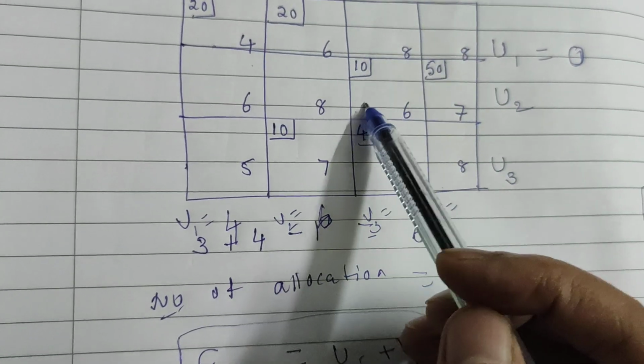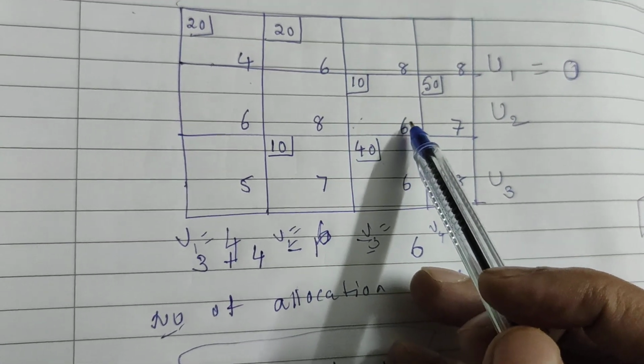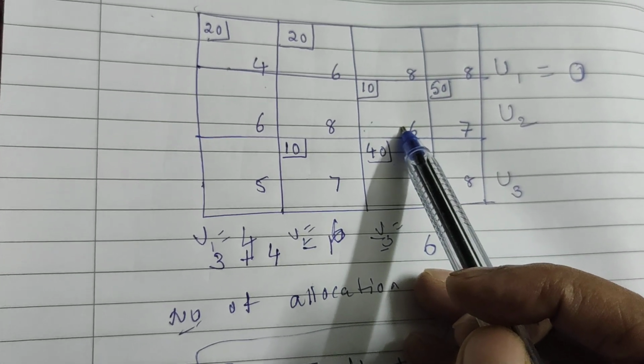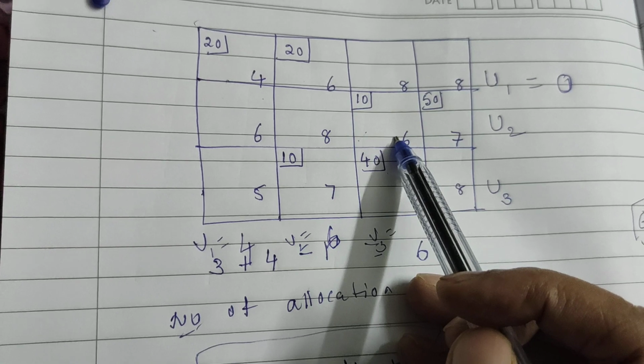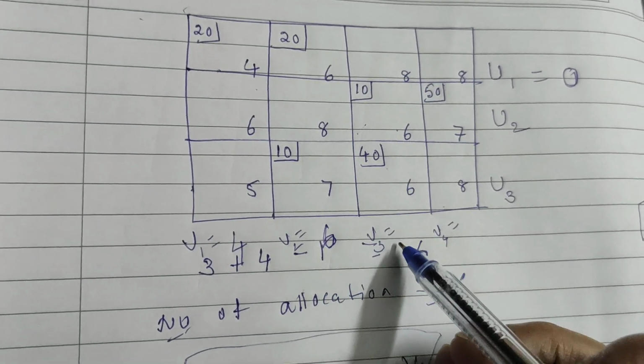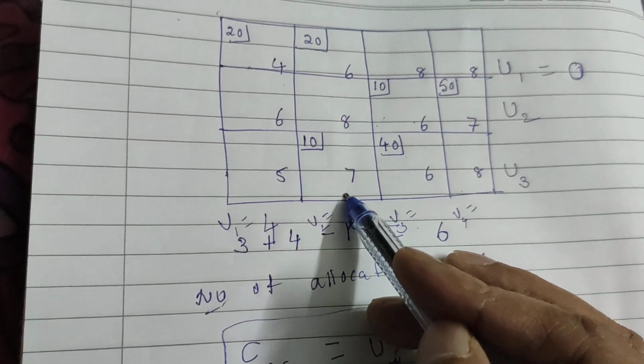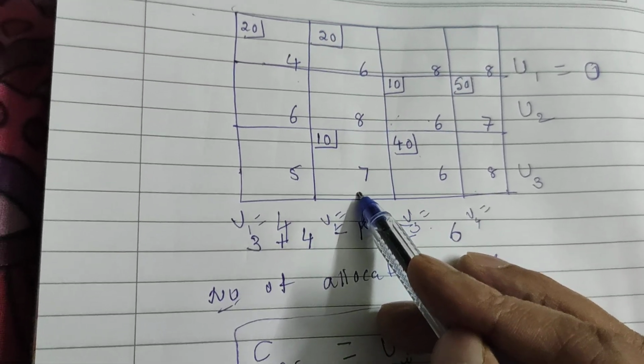Next, we go for the next allocation. That may be C23, but for C23 we don't know the U2 value or the V3 value. So next, I will go for C32.